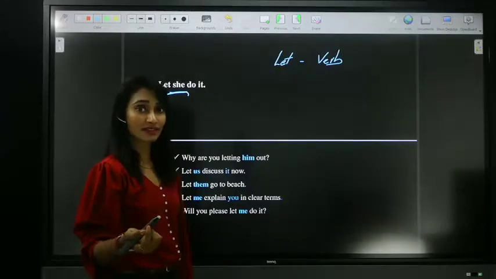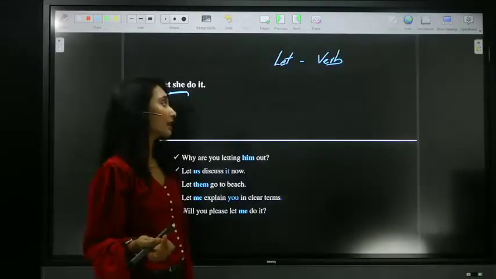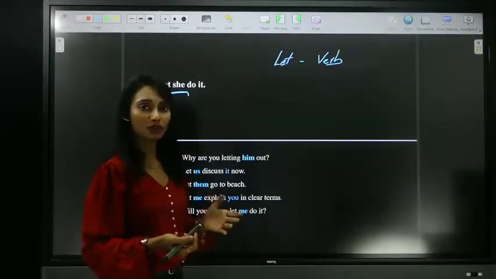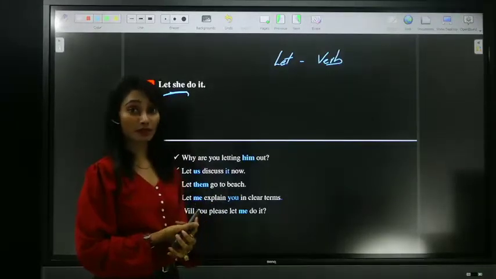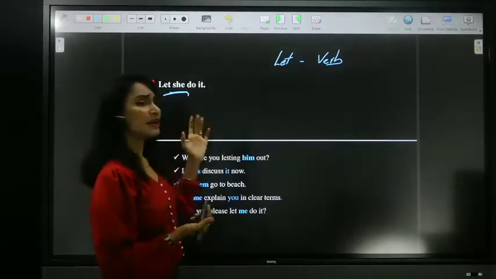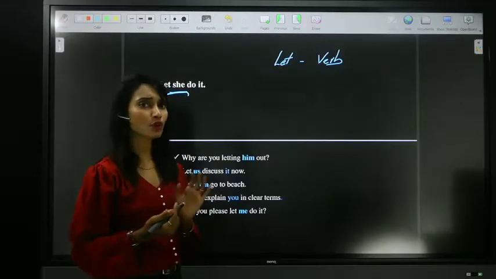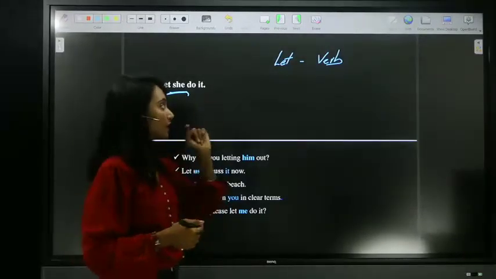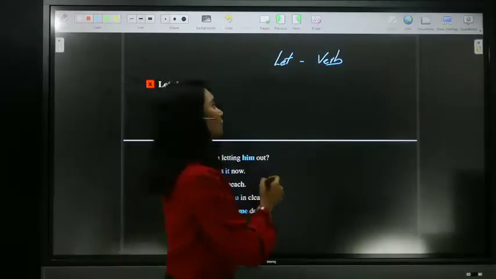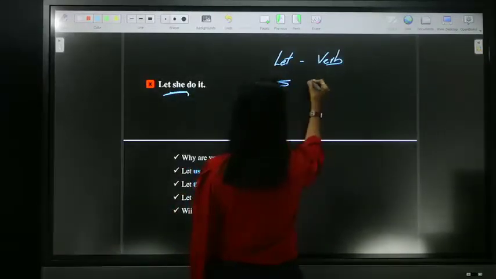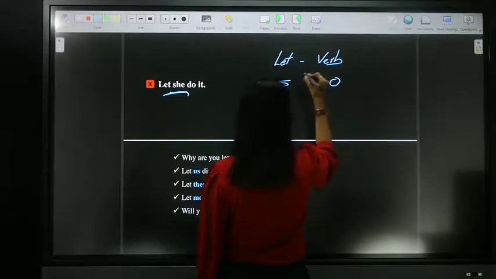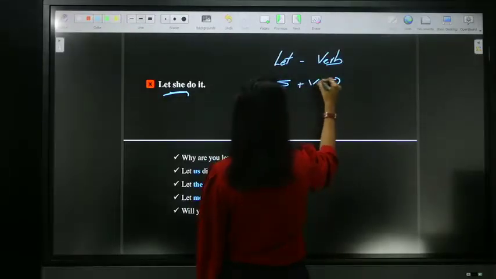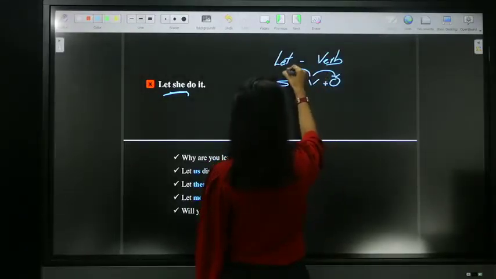In that we have discussed types of sentences, and imperative is one of the 5 based on the meaning, right? So in imperative sentences, generally there will be no subjects. The subject will be indirect, which is the listener. Now let is verb. We know subject plus verb plus object. So after verb it is object, before verb it is subject.